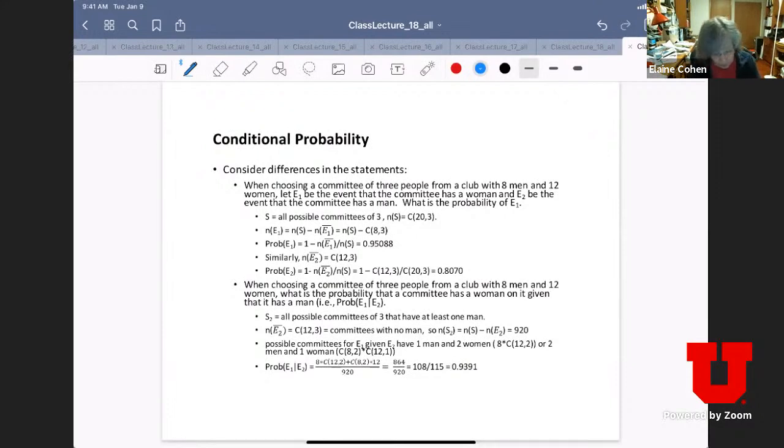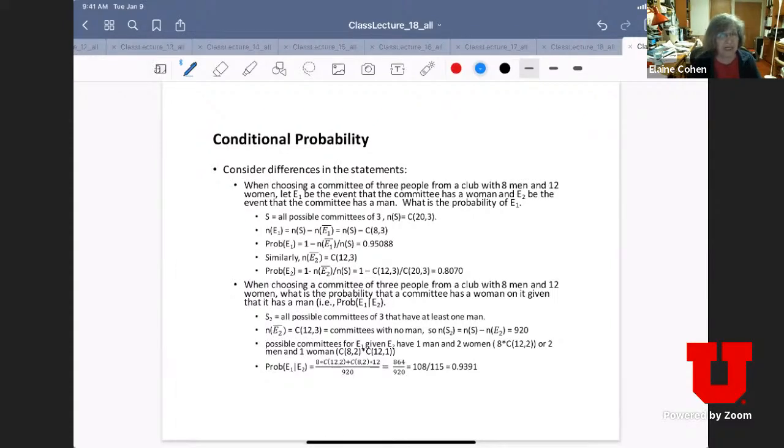Similarly, the number of committees that are all women and no men, which we're holding on to for later, is the number of combinations of 12 choose 3.